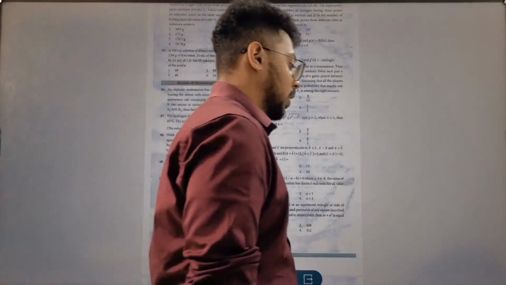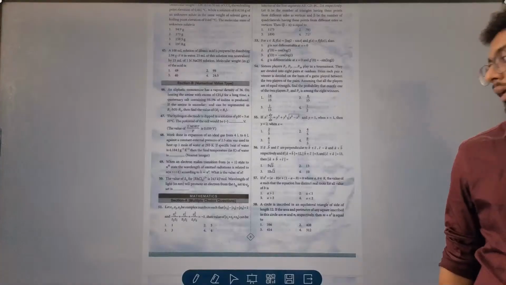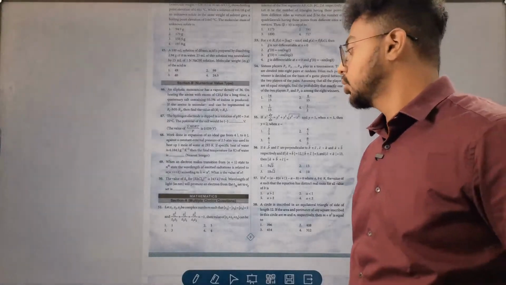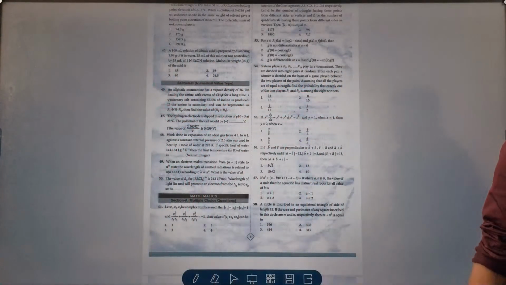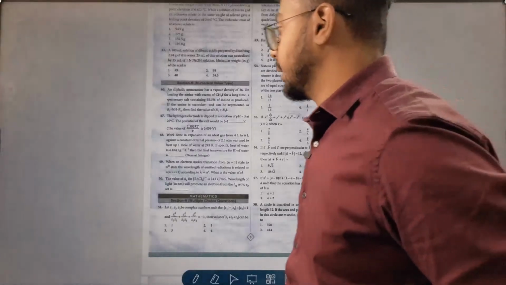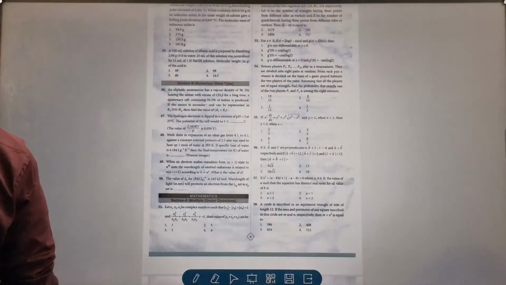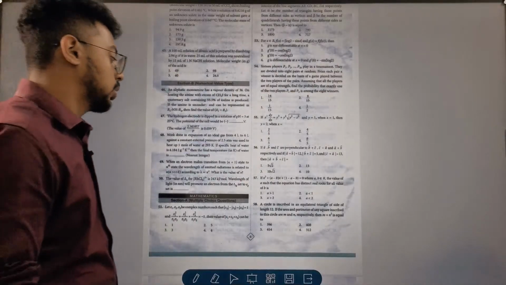The value of delta O for the tetrachloride rhodium 3 ion is 243 kilojoules per mole. What wavelength of light in nanometers will promote an electron from the T2G set to the EG set?